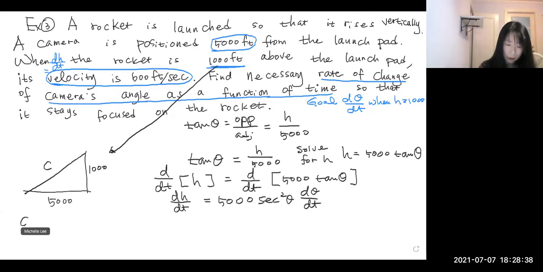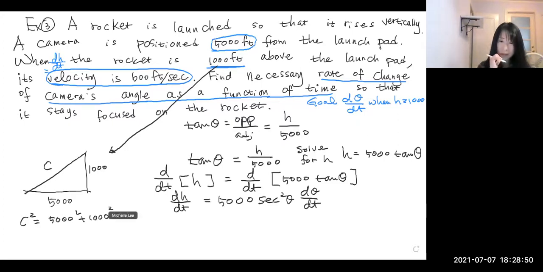So c squared is 5,000 squared plus 1,000 squared. Now we have c equal to, what do you get? Can you please calculate this one? Simplify.